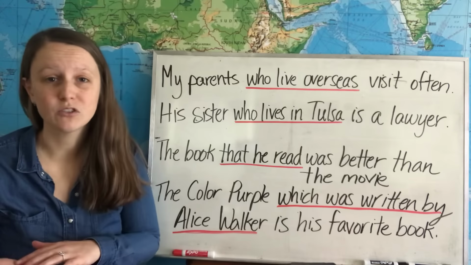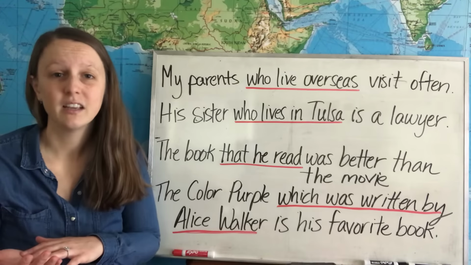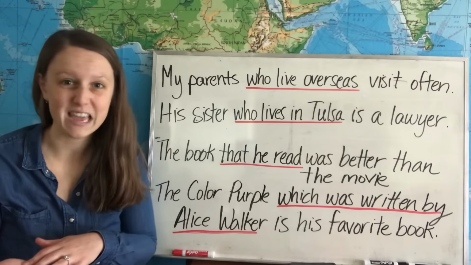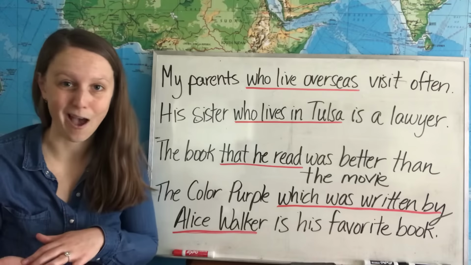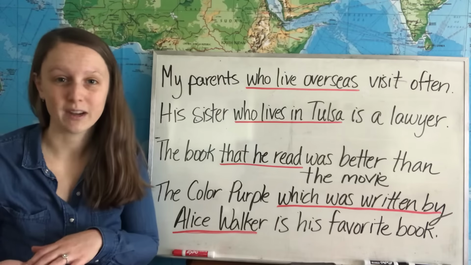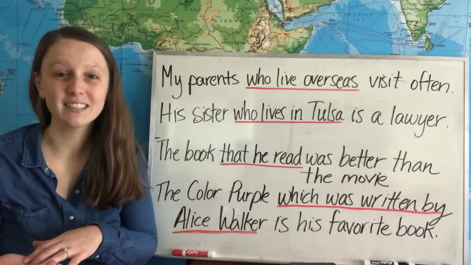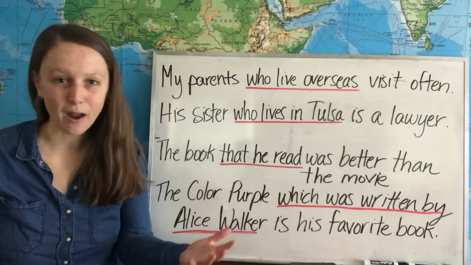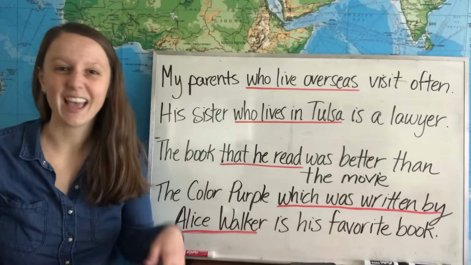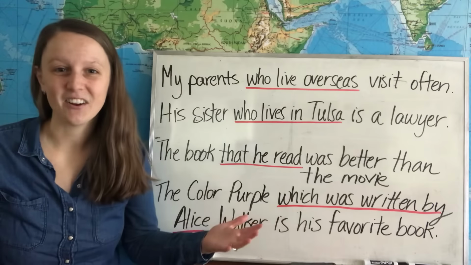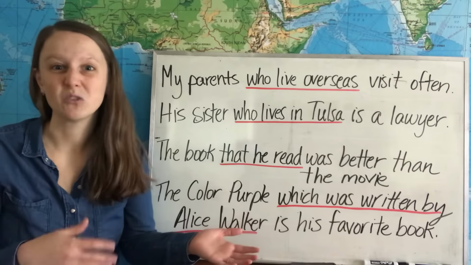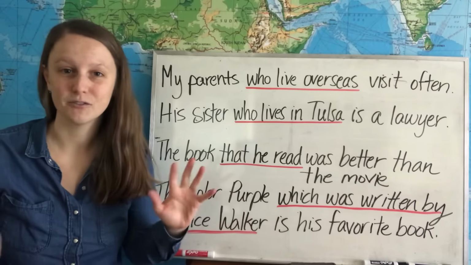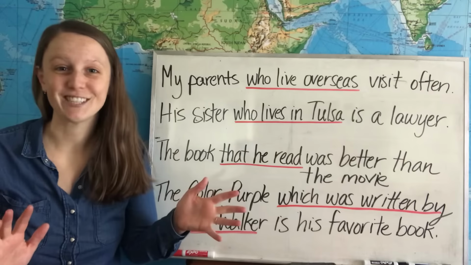Now, a non-restrictive adjective clause is for a noun where it's already pretty specific. Maybe it's a name or something that there's only one of. A non-restrictive adjective clause gives us extra information about that noun. It's describing the noun, but the information is extra. It's not necessary for us to understand which one. So let's look at some examples of restrictive and non-restrictive adjective clauses.